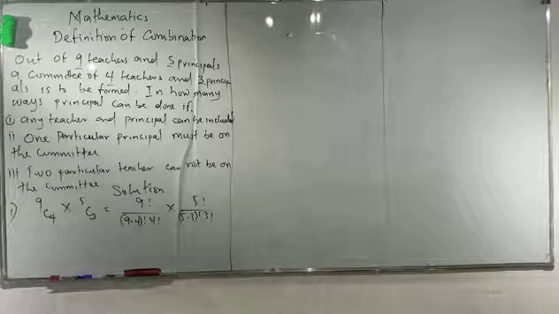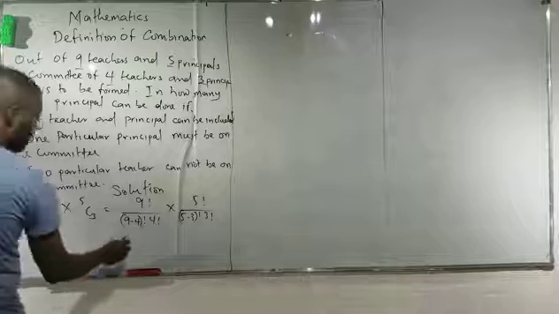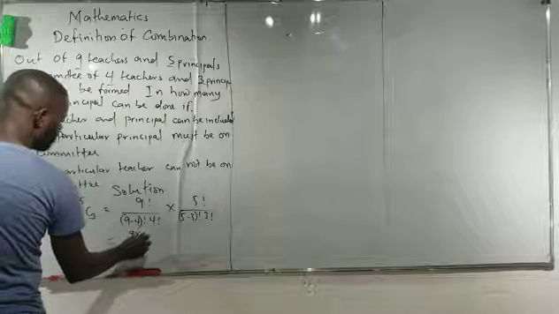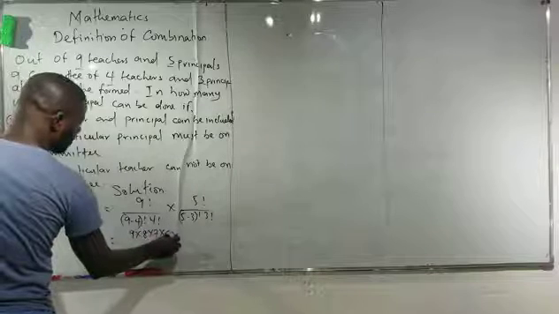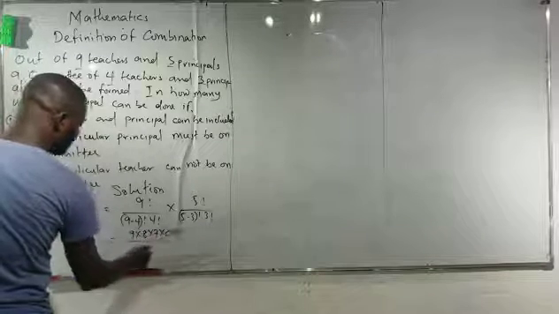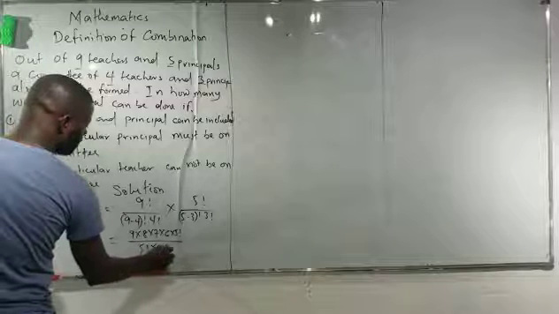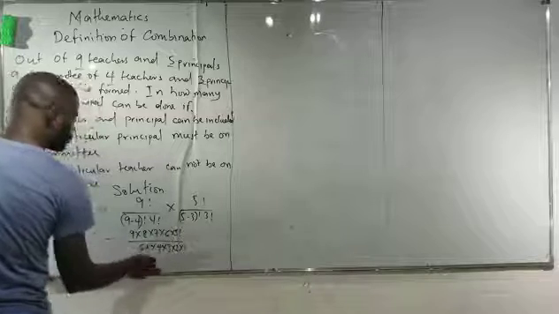Now, by so doing, we have 9 multiplied by 8, multiplied by 7, multiplied by 6, multiplied by 5 factorial, divided by 5 factorial, multiplied by 4, 3, 2, and 1. We cancel this.